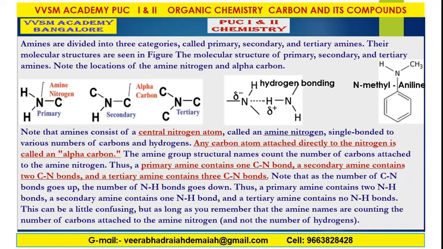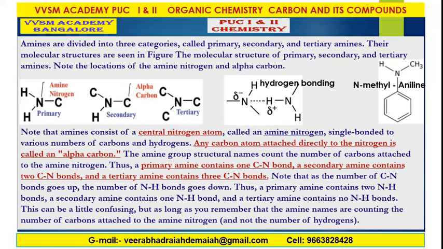For the amine group, the structural names count the number of carbons attached to the amine nitrogen. A primary amine contains only one CN bond, that is a carbon nitrogen bond. A secondary amine contains two CN bonds, and a tertiary amine contains three CN bonds.